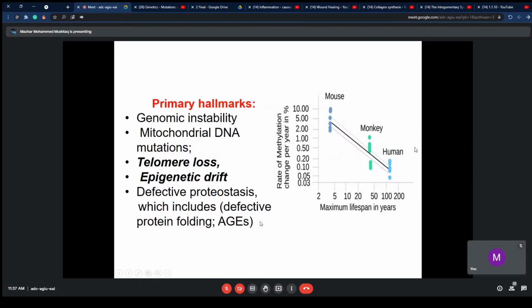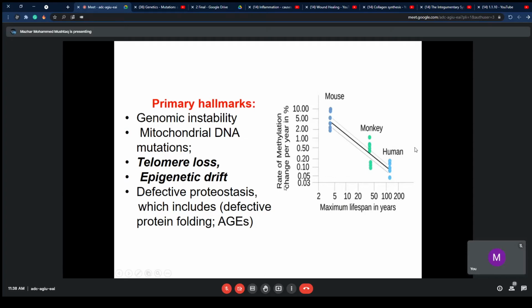Doctor, how can methylation affect aging? If you remember my first or second lecture, where I talked about epigenetics, this comes under epigenetics. Methylation is an epigenetic modification, and methylation is going to affect the aging process, because when genes are methylated they are not expressed; only unmethylated sites are expressed.